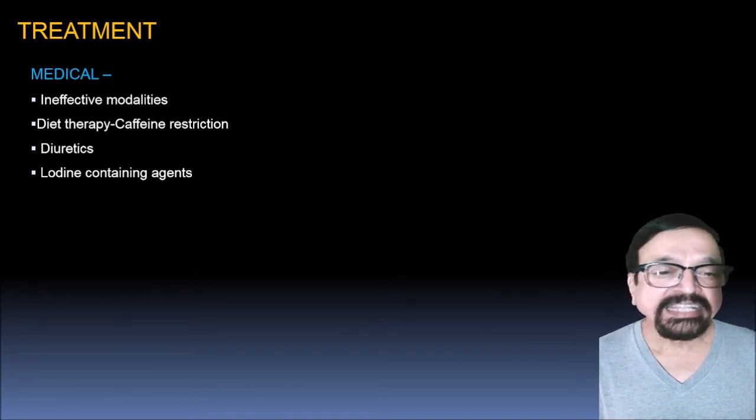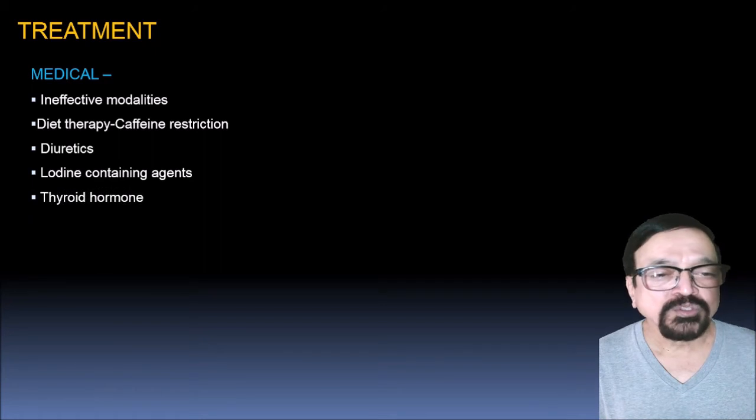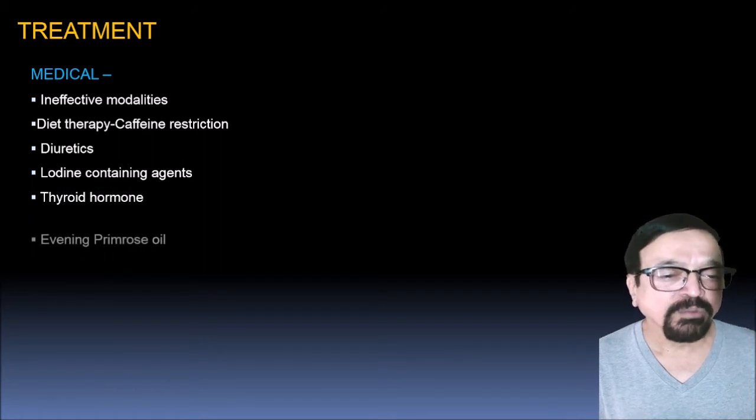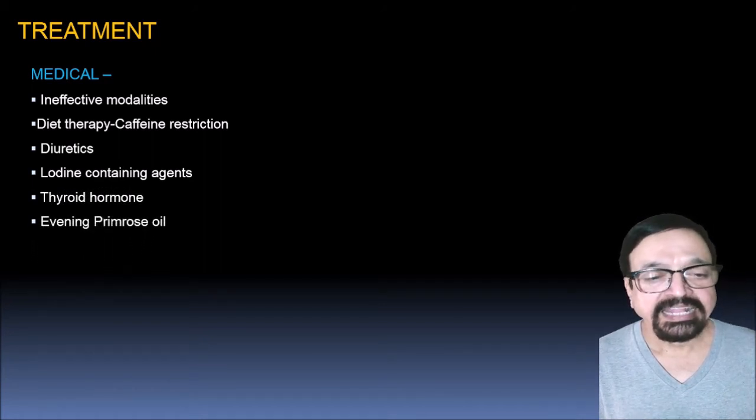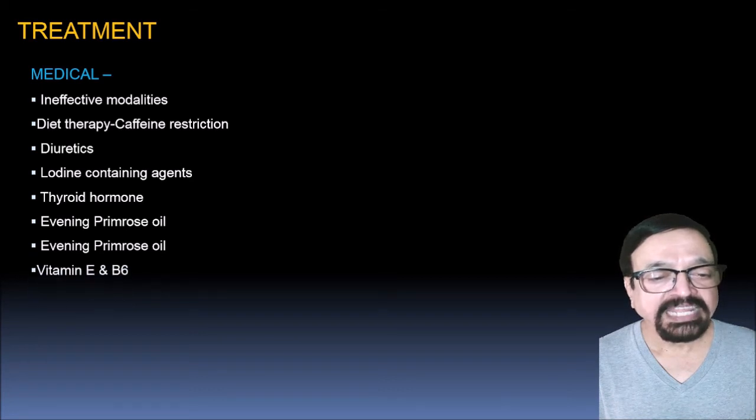Then diet therapy, caffeine restriction, diuretics, then laudanum-containing agents. These may or may not help, or most of the time they don't help. Then thyroid hormones, then evening primrose oil, which will reduce it. Then vitamin E and B6.